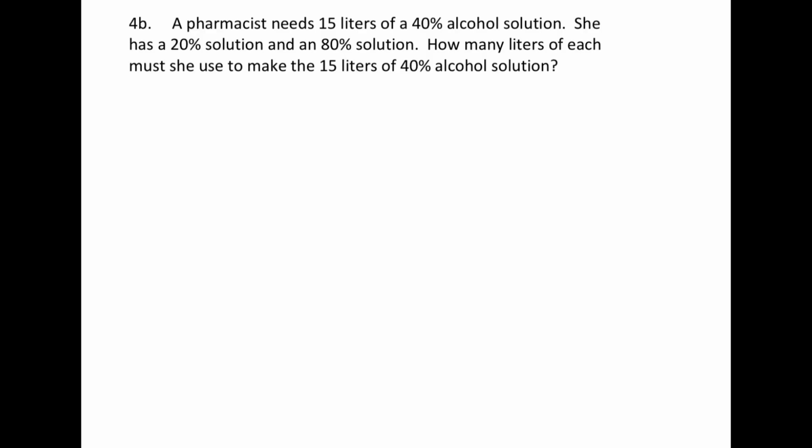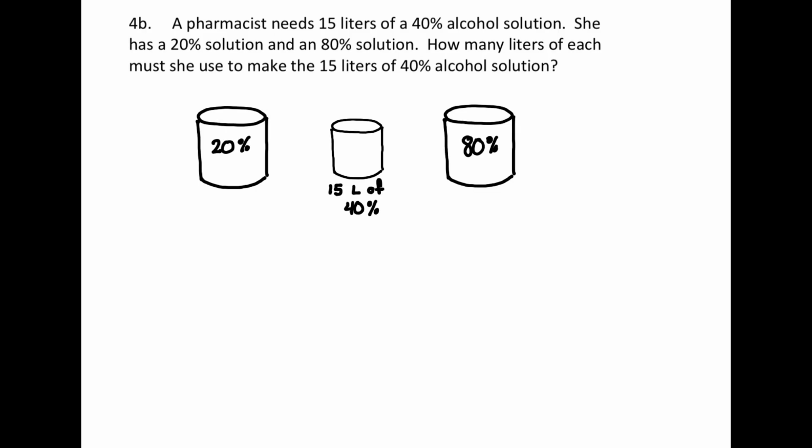Okay, this problem, I don't know if you tried it and if you got it to work or not, but let's take a look at it. We have lots of numbers, and let me make sense out of it for you. Okay, so we have a 20% solution and an 80% solution.